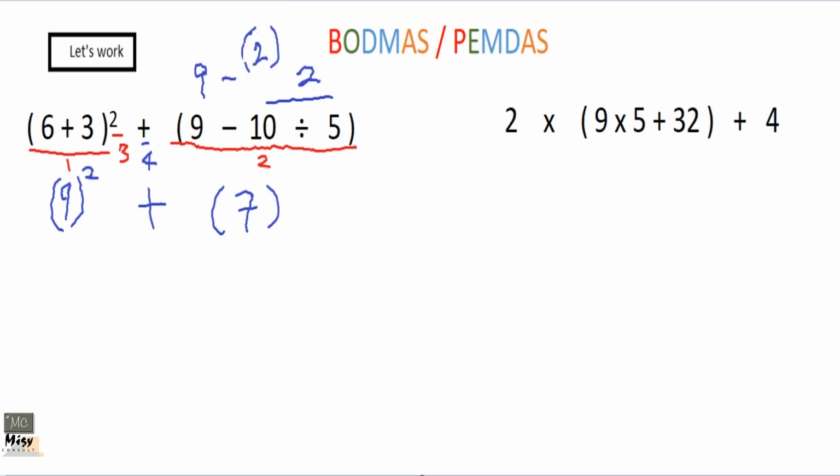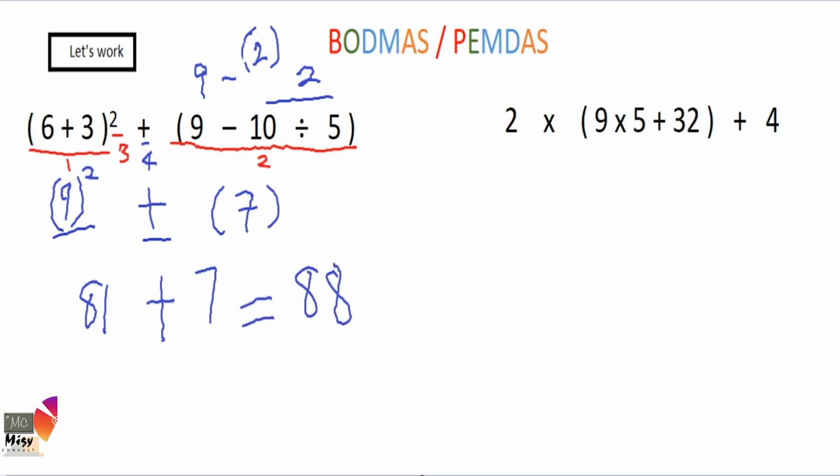Now the third thing is the square. So the exponent. So we come and solve the exponent. So now we have an exponent here. We have a plus. So we'll solve the exponent first. So 9 squared is 81. Then our plus is there, 7. So our answer will be what? 88. Okay.